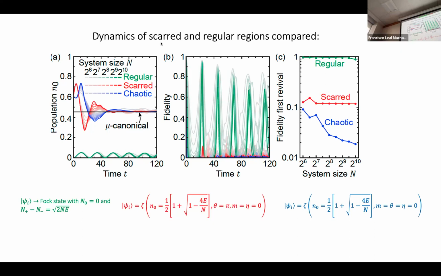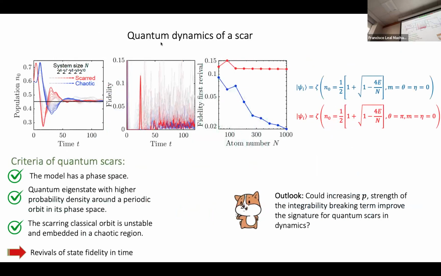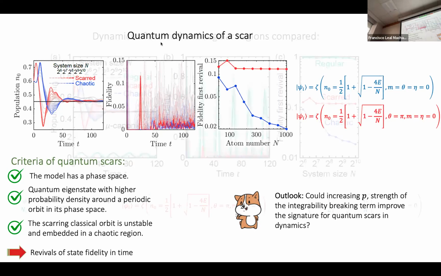Based on this, we can see that there is a big difference between the dynamics of the regular region and the scarred region, and that difference is really in the fidelity. One thing I didn't mention is whether increasing P, the strength of the integrability breaking term, could improve the signature of quantum scars in the dynamics. Our preliminary results say that this is a good direction to follow, as we can make the amplitude of the fidelity bigger.